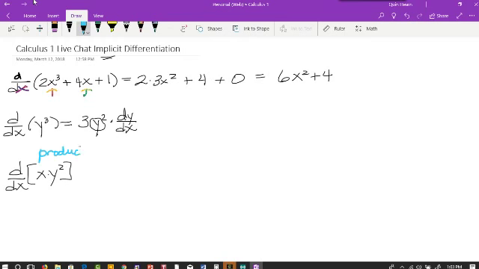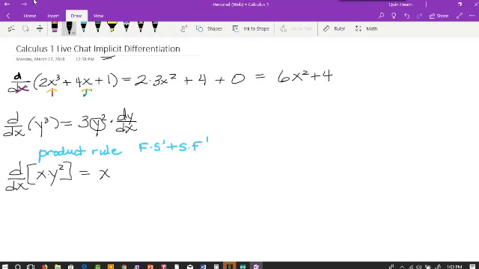But we also note that the y squared does not have the same variable as we're differentiating with respect to. So first of all, recall your product rule. We're going to have the first function times the derivative of the second plus the second function times the derivative of the first. So the first function is x.